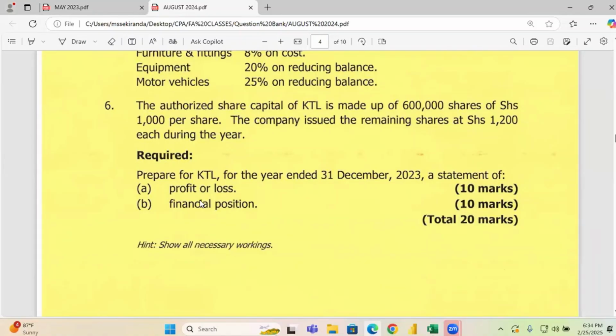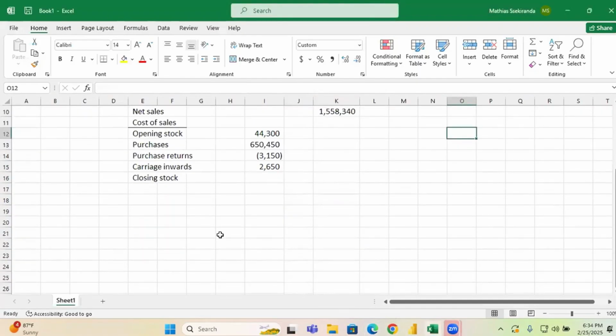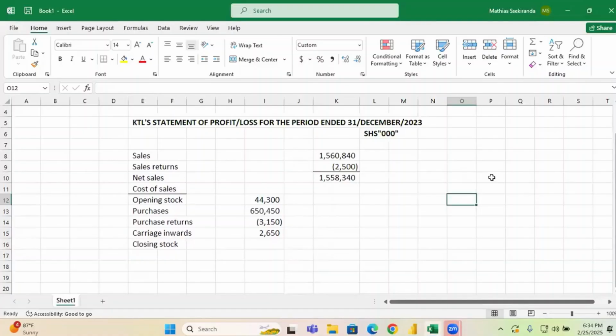Or start in the middle of the 4th page for your workings, to avoid mixing them with the financial statements, because these workings are just notes to the financial statements. So they shouldn't be in between. Now let's go to our workings. I'll put my workings aside to avoid over scrolling.